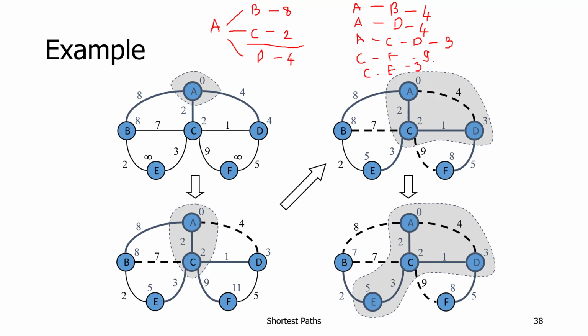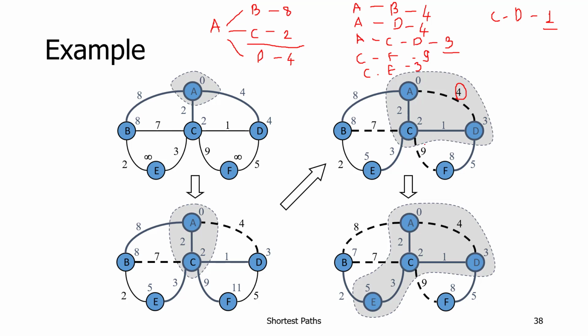The only feasible one for me is going from C to D, the minimum distance edge, which makes me reach D from A in 3 units instead of the 4 units previously. So the direct edge now will not be of much use to me, because if I go indirectly via C, that saves me 1 unit.